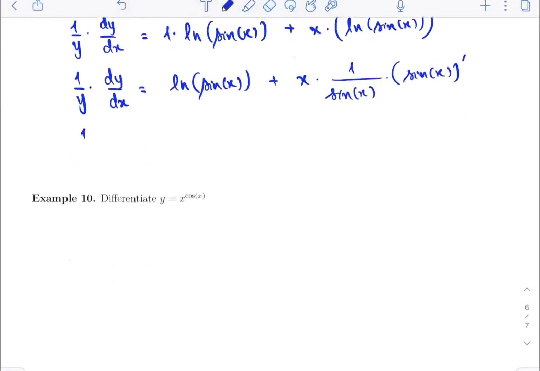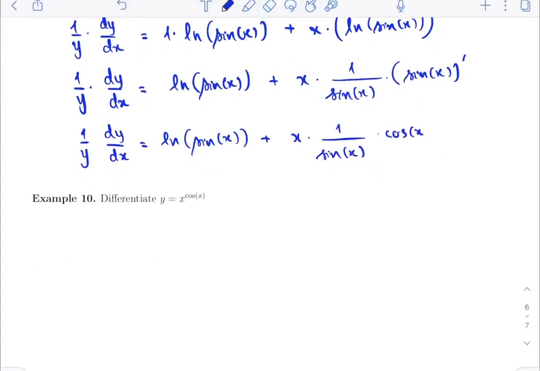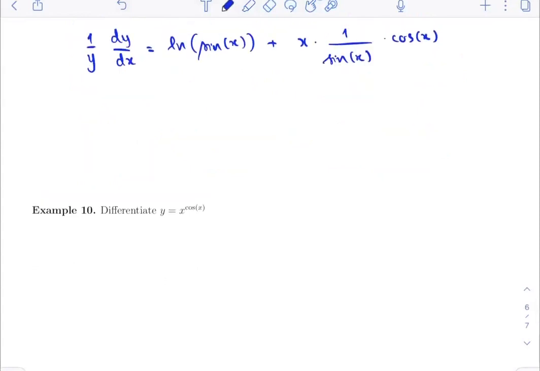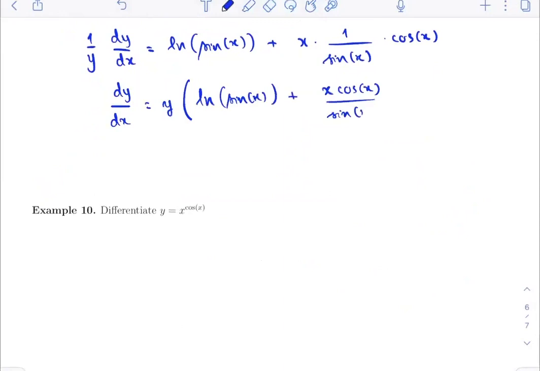So this gives me 1 over y times dy/dx equals ln of sine of x plus x times 1 over sine of x times cosine of x. Now at this step, you can solve for dy/dx. That is dy/dx equals y times ln of sine of x plus x times cosine of x over sine of x.